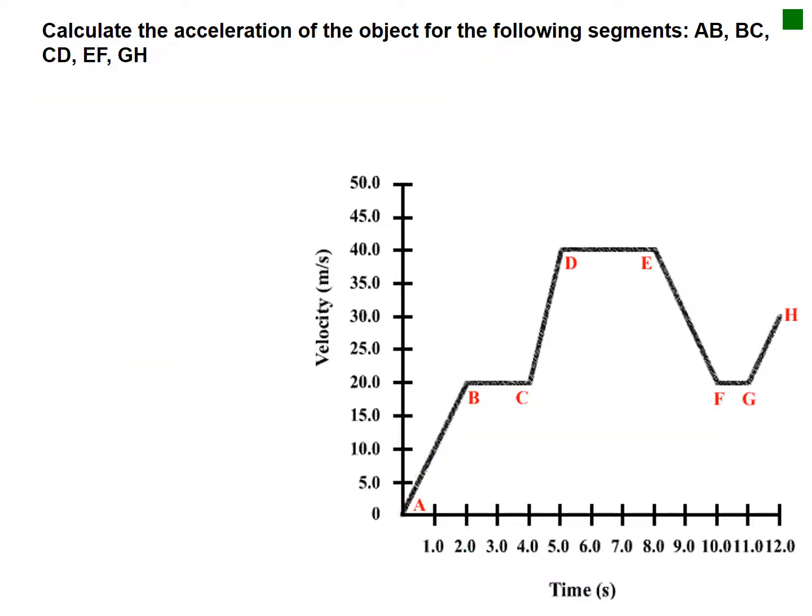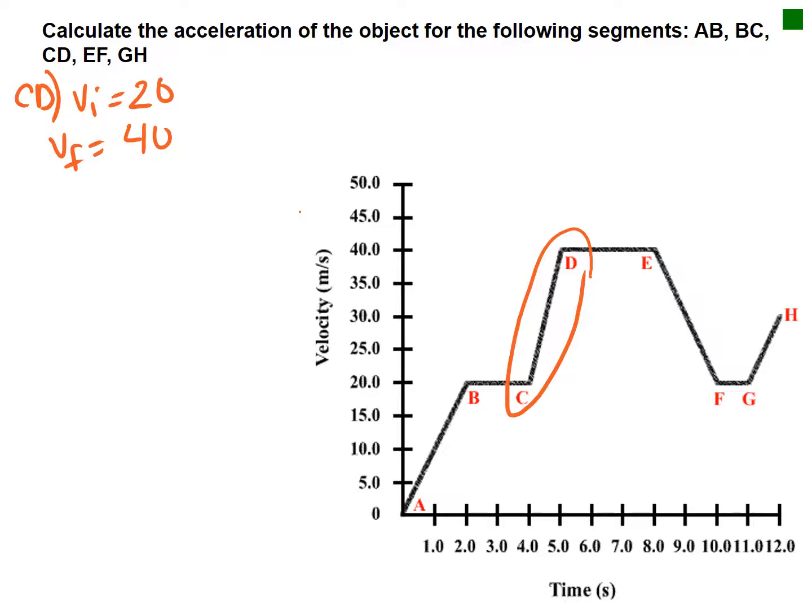Okay. Now we're doing segment CD. In segment CD, our initial velocity is 20. Our final velocity is 40. And the time interval is 1 second. T equals 1 second. A is what we're looking for.